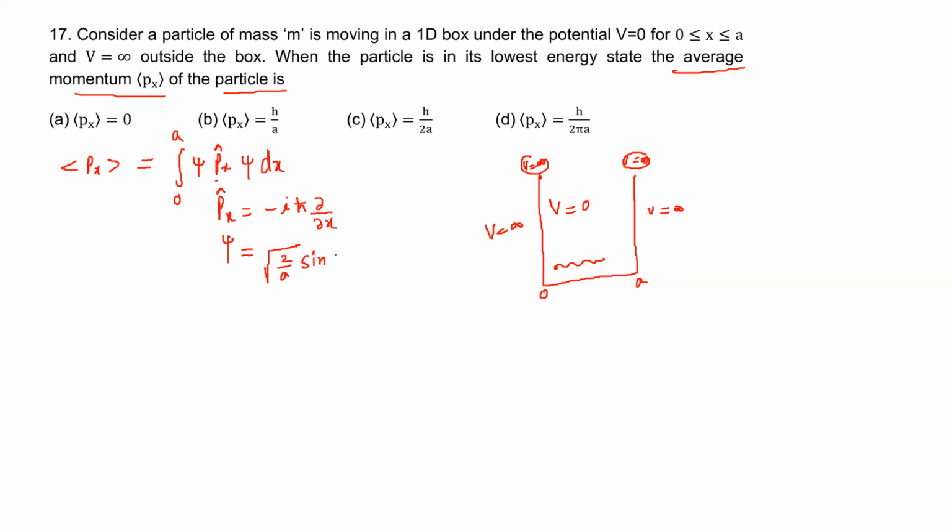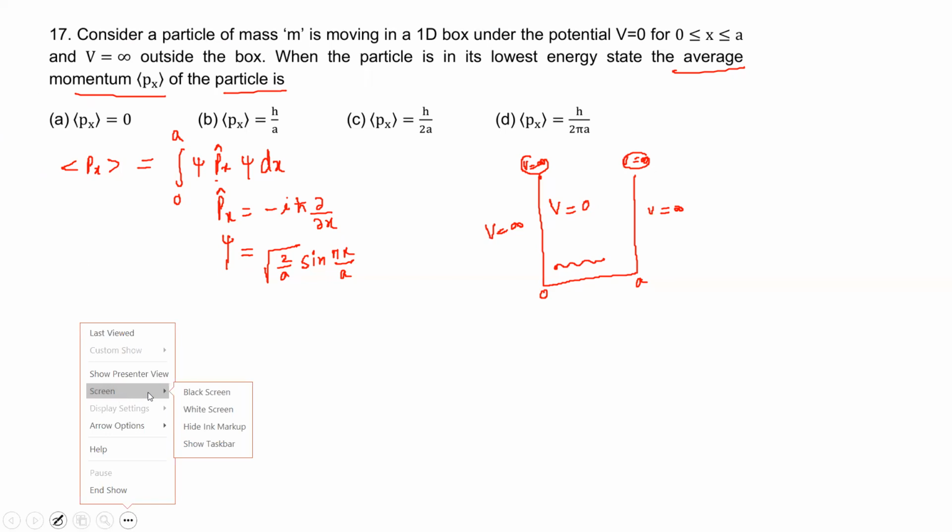Ground state means n equals to 1. So here I'm not writing n, I'm writing pi x over a. This is the wave function. Okay, now we will solve it. To solve this question, let me take another screen. Okay, so here we'll solve.